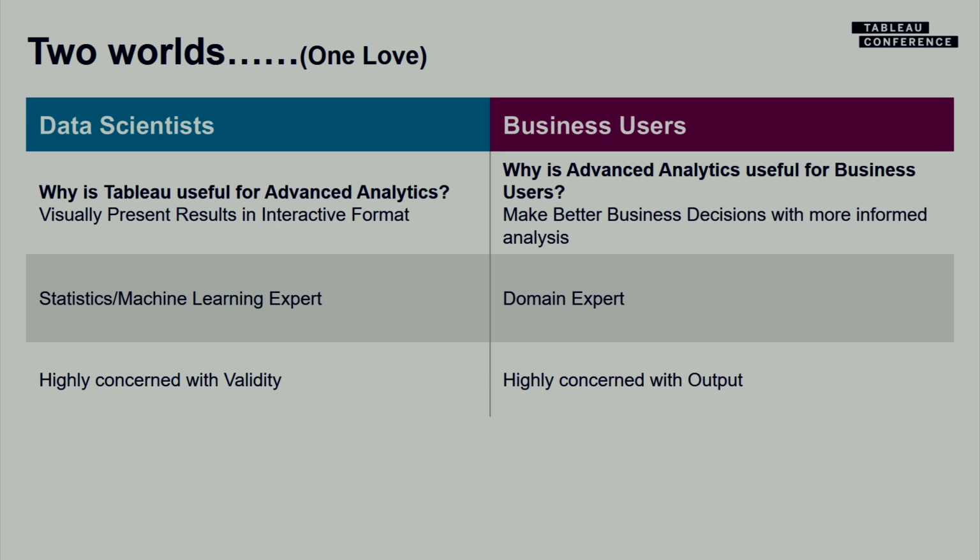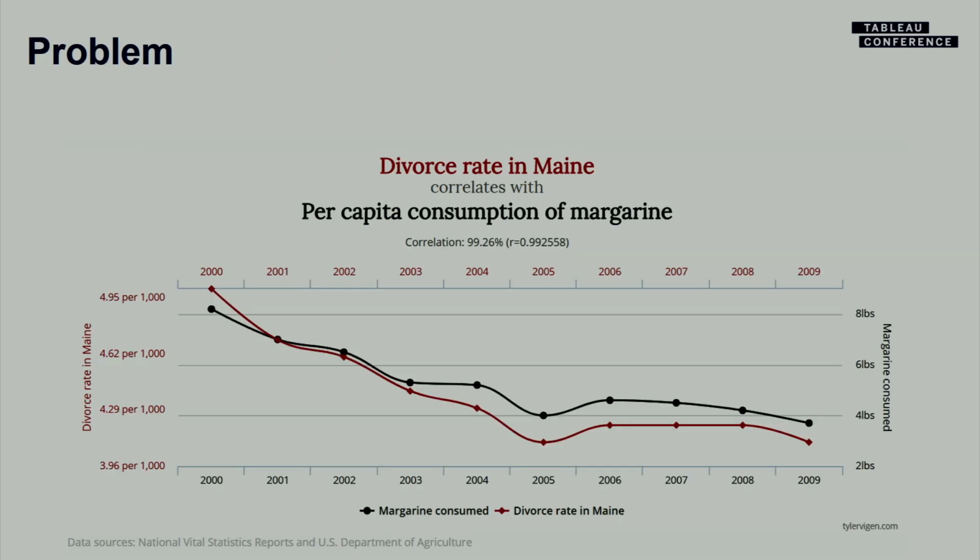Whilst I might be more representative of that different group of user who might be coming at certain situations with the framework of a statistician or a data scientist, I might look at certain things and try to understand, can I apply this model here in this way to make sure that it's valid in terms of the statistical framework that I'm working with, and therefore be very concerned with the validity without necessarily always knowing the day-to-day of that business user. And that's what we're going to be talking about today.